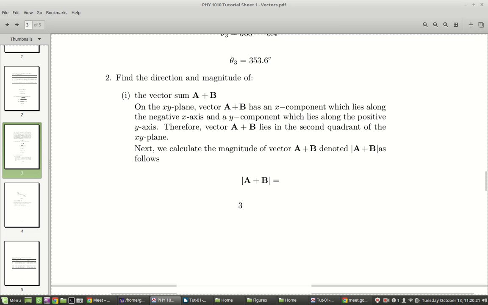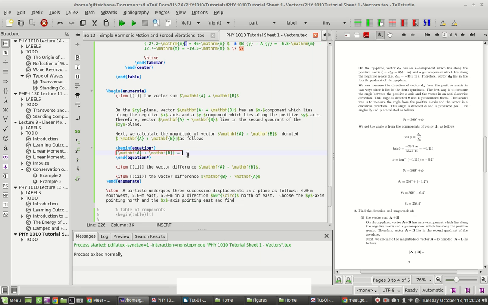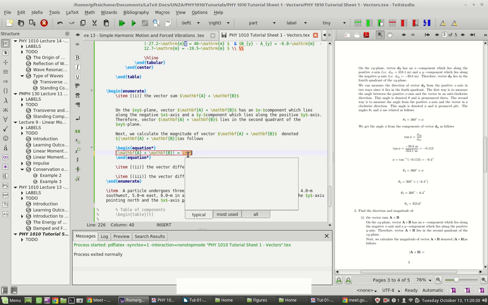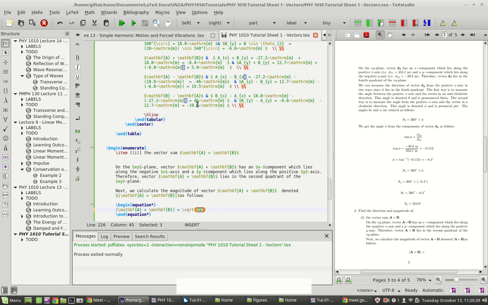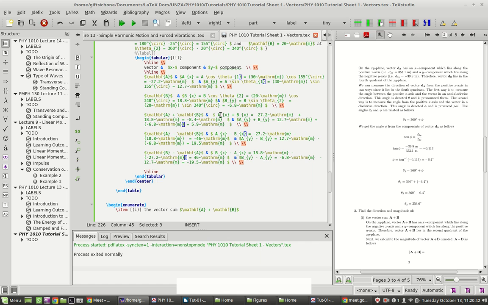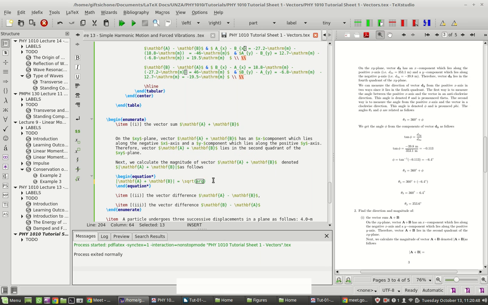So the magnitude of a plus b equals the root of (a plus b)x squared plus (a plus b)y squared. Okay, so there has to be an a plus b somewhere.